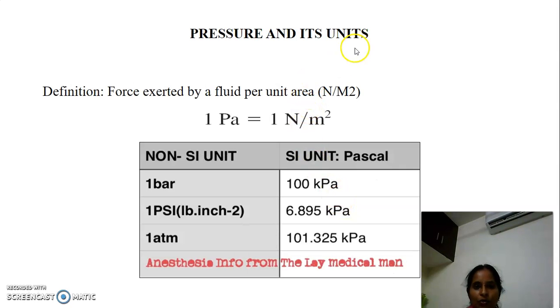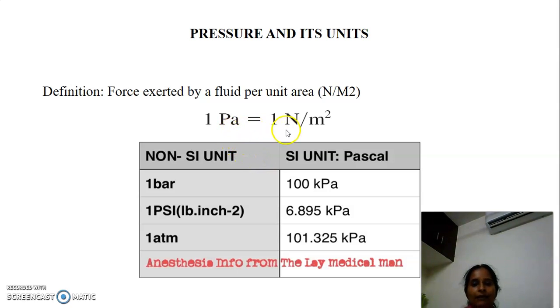Pressure and its units: why we are studying pressure is, you know very well, wherever temperature is coming into play because of the heat energy we are studying, the pressure also comes into play, and it plays a key role in all the systems we are going to study. So measurement of pressure and its units is very important, and you would have studied it in your schooling itself.